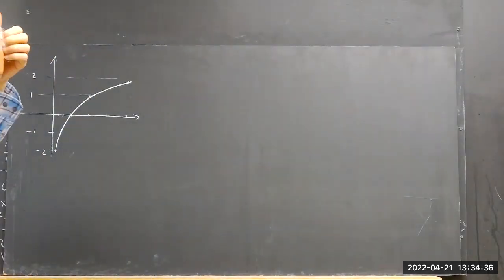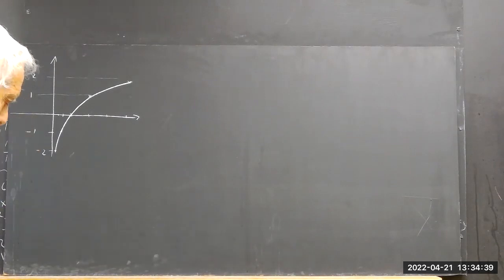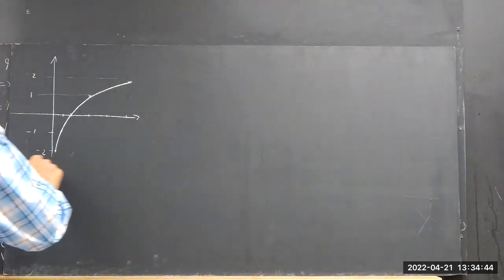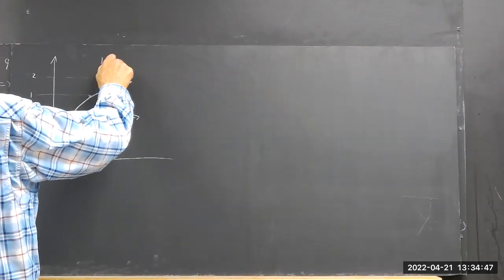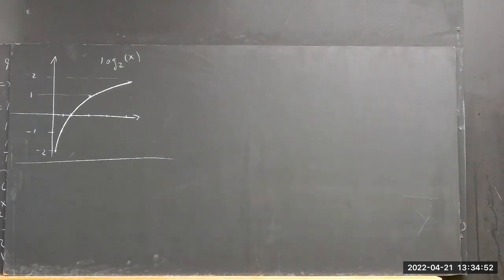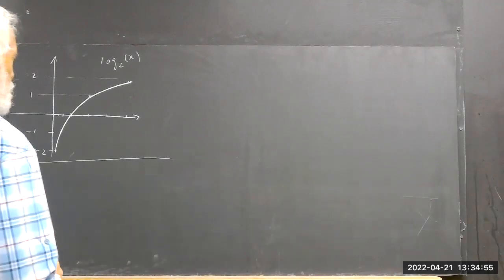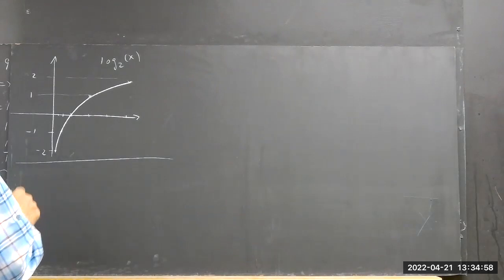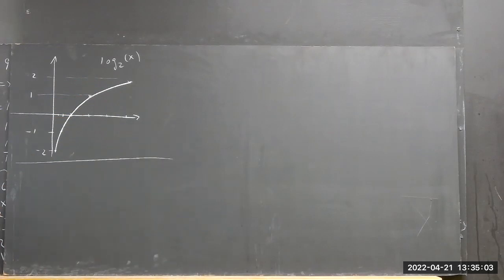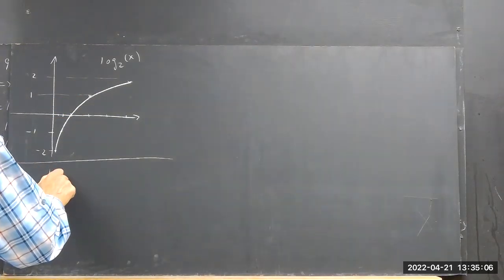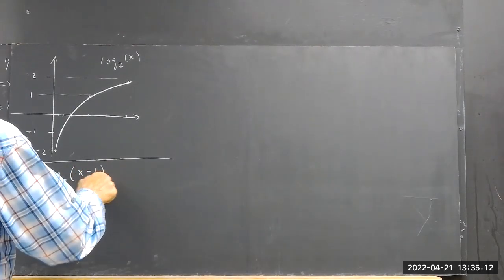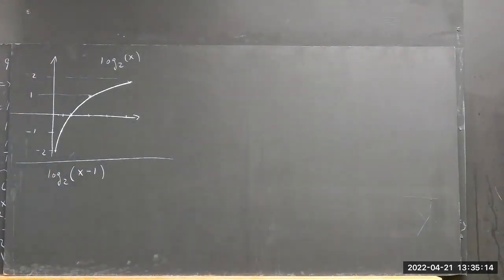A couple of things we want to observe about this graph. Well, let's do some transformation. So this is log base 2 of x. Can you graph for me? First of all, sketch this graph, and then graph log base 2 of x minus 1.